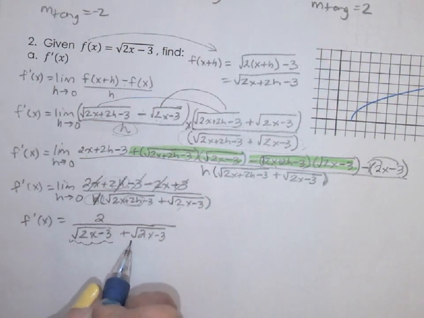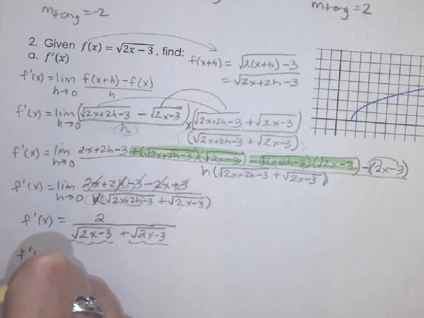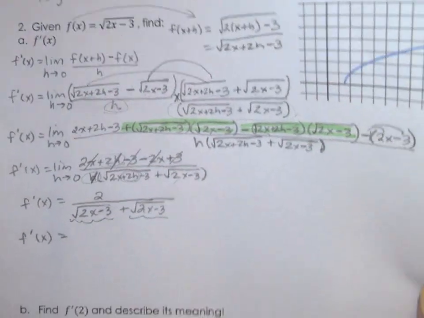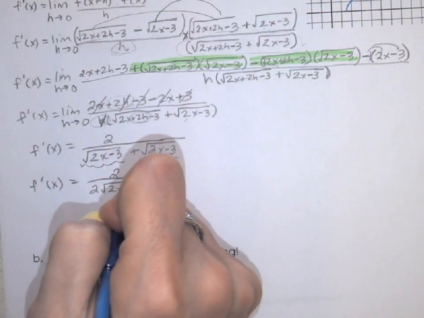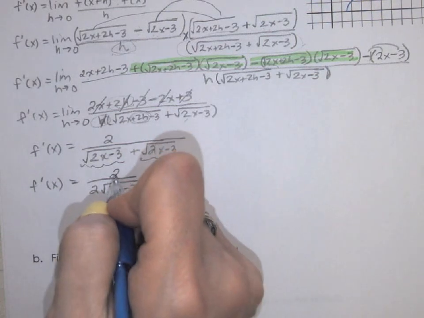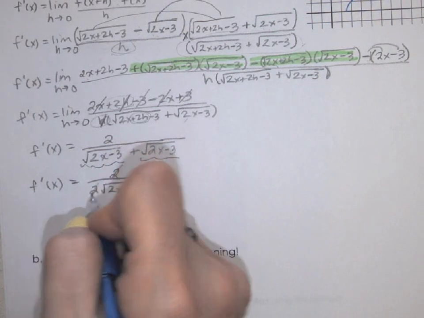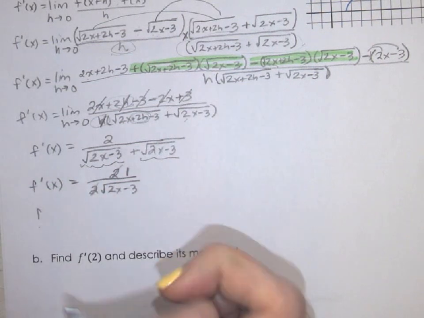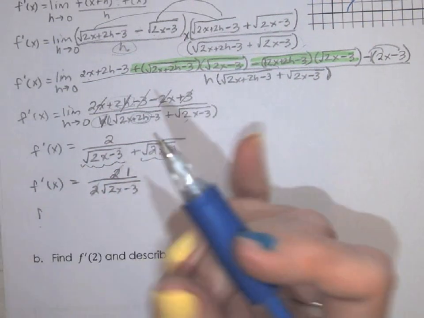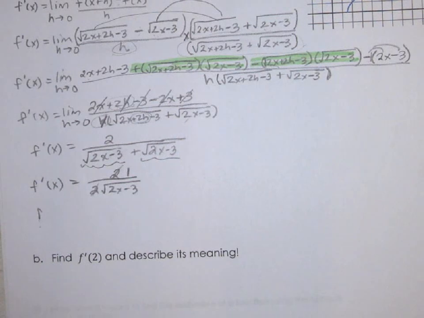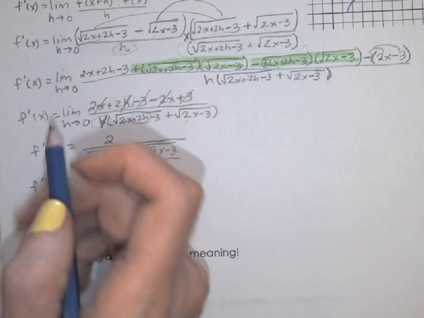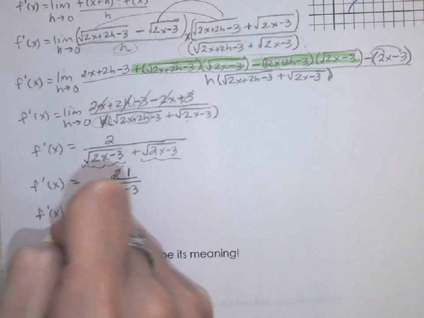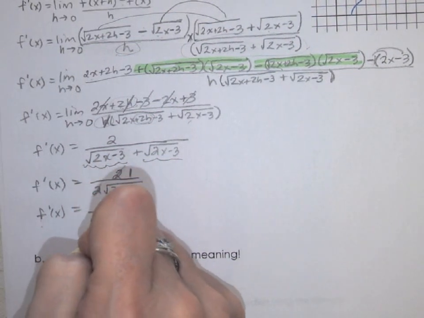And so these are the same, which means there's 2 of them, 2 square root of 2x minus 3's, which means that these 2's divide out, 2 on the top, 2 on the bottom. Don't forget there's still 1 on the top. That's a common mistake that I see. So f prime at x is going to be 1 over the square root of 2x minus 3.